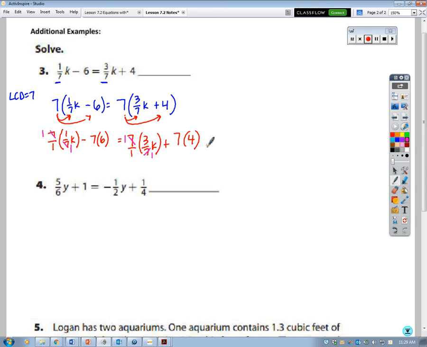So I'm going to go ahead and rewrite that now. This is 1 over 1 times 1 over 1k. So this is 1 times 1k minus 7 times 6, which is 42.